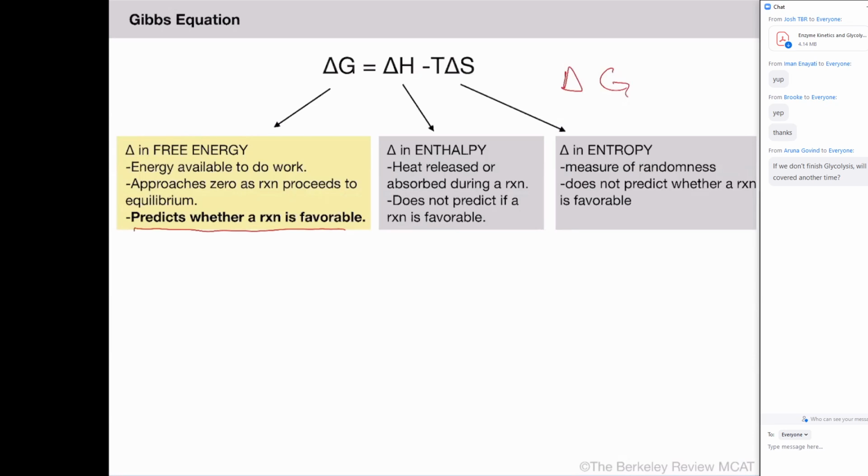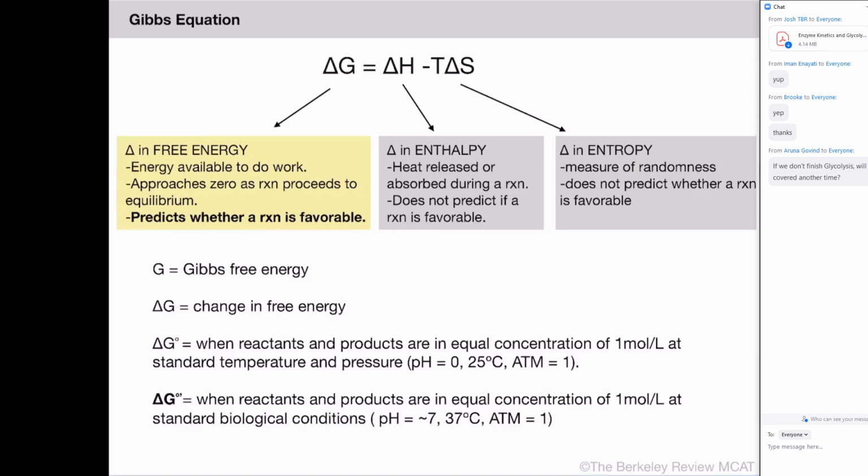Okay. And so, depending on the different contexts you're talking about delta G in, there's different ways of writing it and slightly different meanings. And so we're going to try to define what each one of those is. Okay. So you need to know that G gives free energy. You need to know that delta G is the change in free energy. And then we get to something called delta G naught.